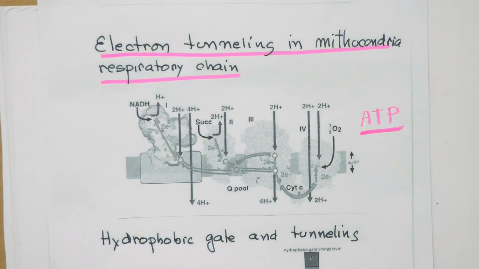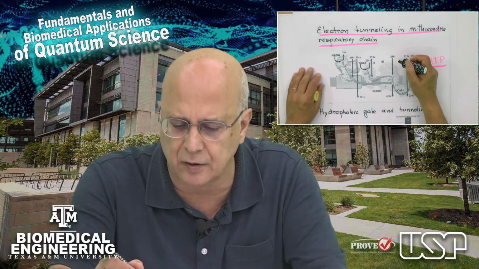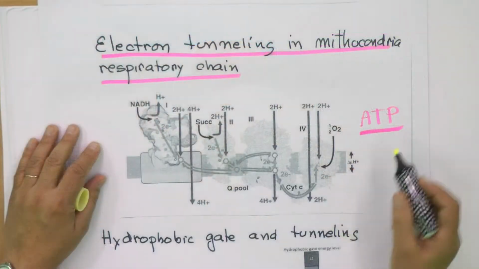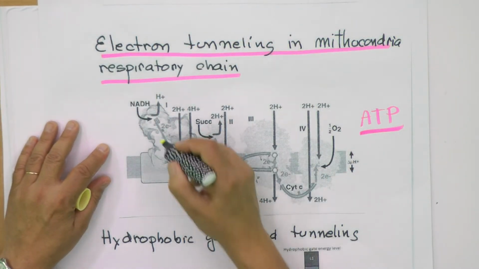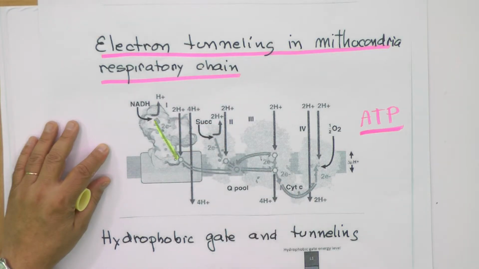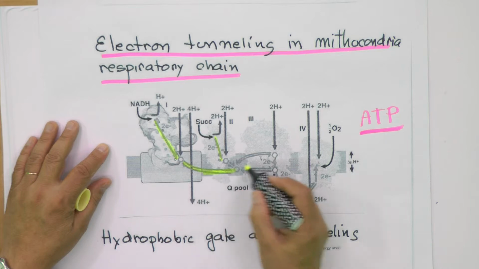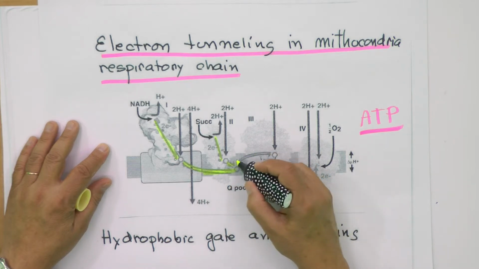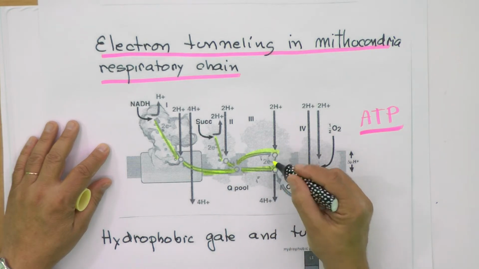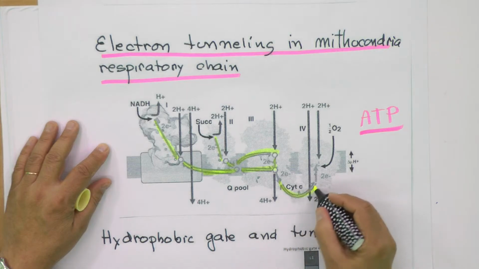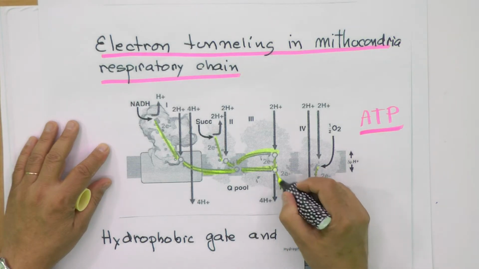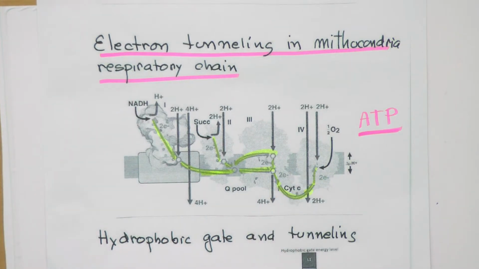And then there is a big chain of electron and proton transfer. In many cases, I don't know how much you can see, but those are pathways of electrons. And in all of those, they have barriers that they have to overcome. All those are electron pathways.